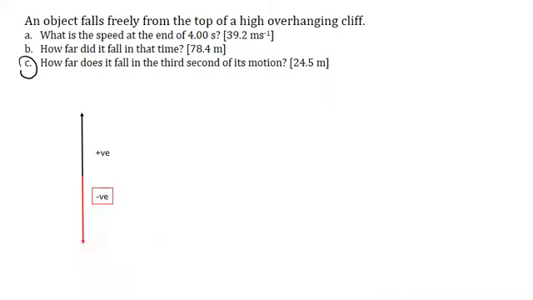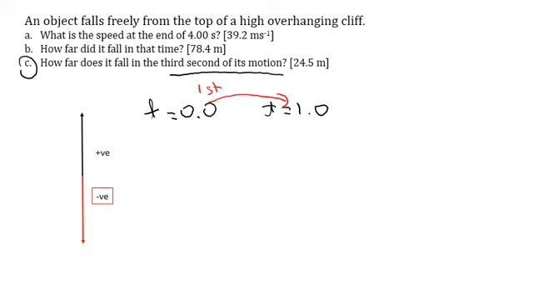Part C. How far does it fall during the third second of its motion? Now, to make it a little bit clear, what you have to understand is what is meant by the term third second of its motion. From t equals 0, from t0 to t1, this is considered to be the first second.